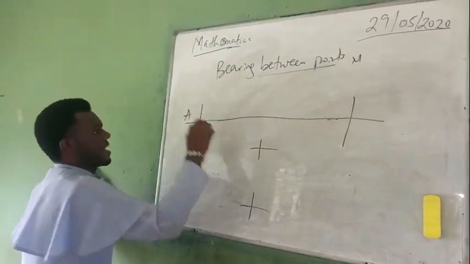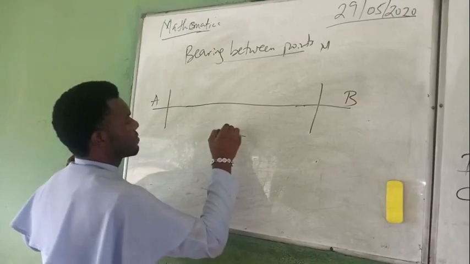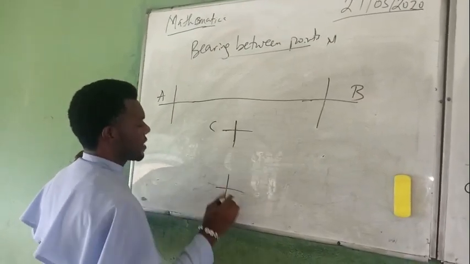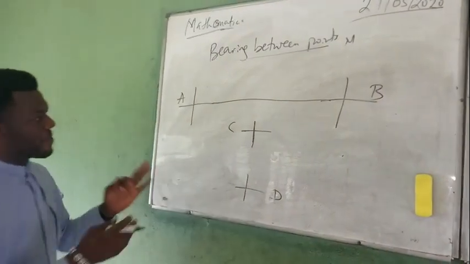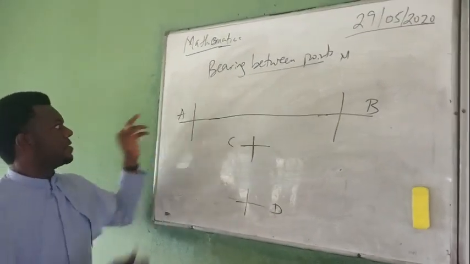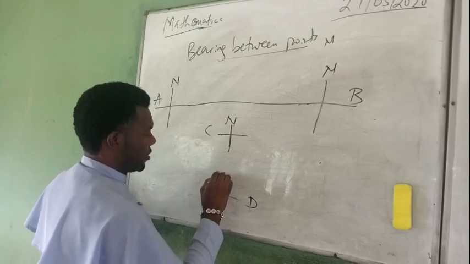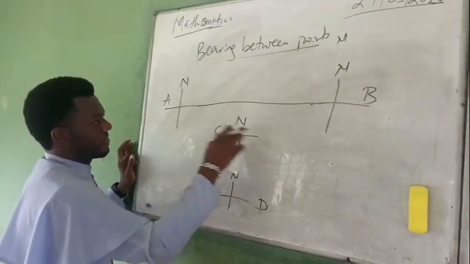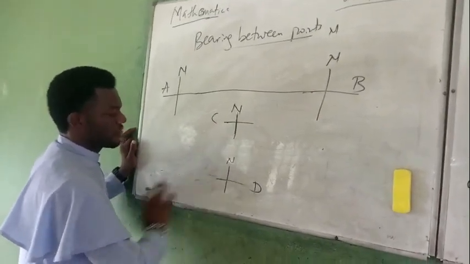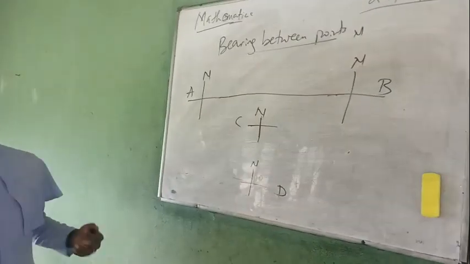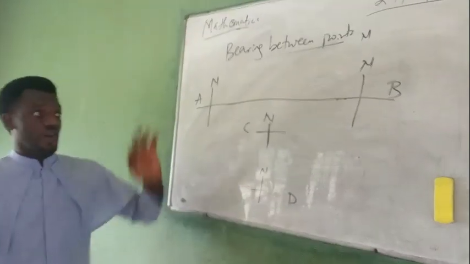Let's say this one is point A, and this one is point B, and these are points C and D. And every point, remember, has north, east, west, south. We just write north to indicate that the top is the north.